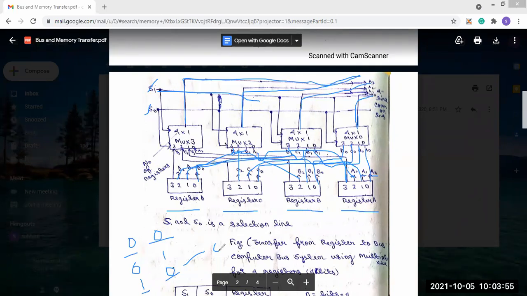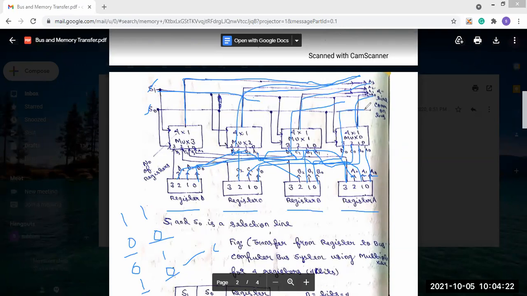And if it is 1 1, then which will be selected? Register D will be selected, and the output will be D3, C3, B3 from here.